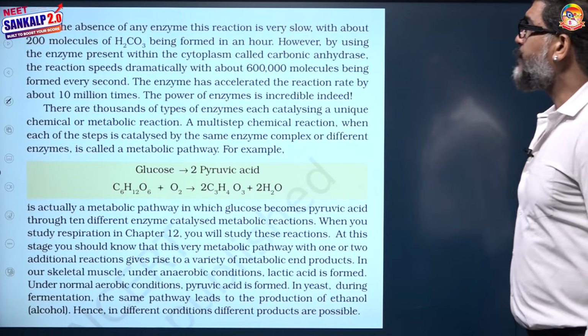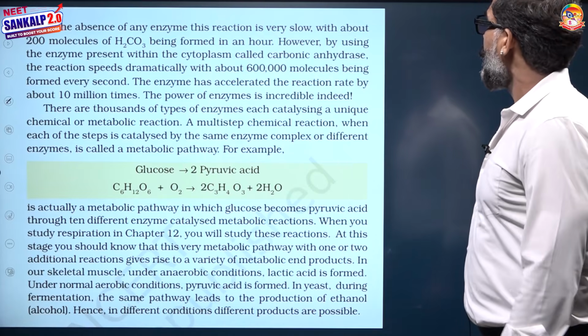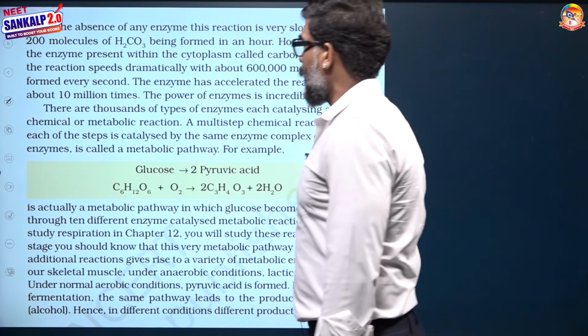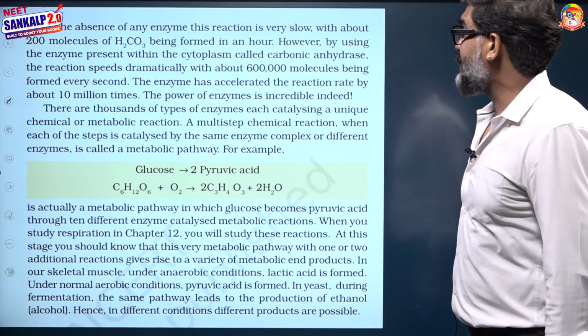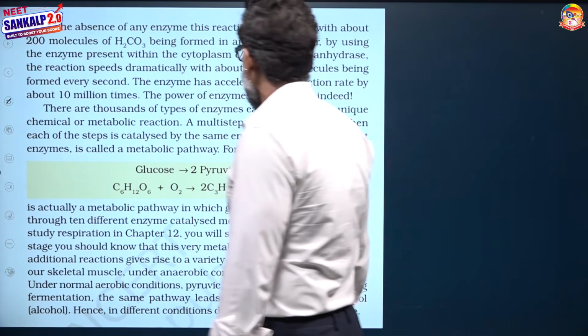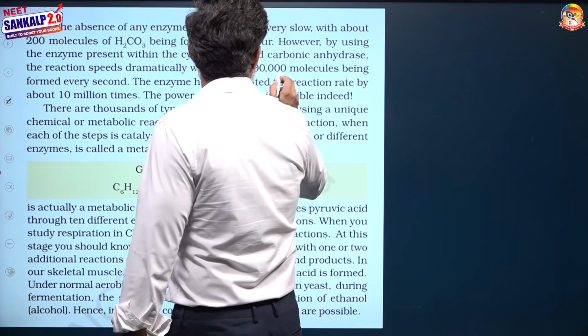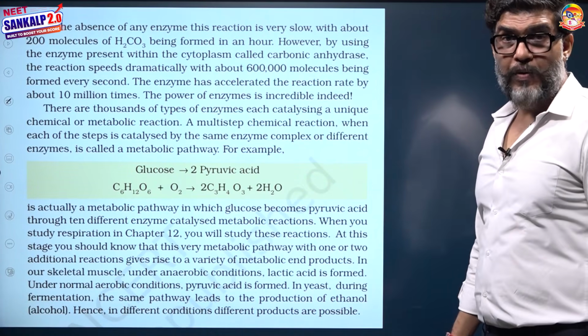In the absence of an enzyme, this reaction is very slow, with about 200 molecules of carbonic acid being formed in an hour. However, by using the enzyme present within the cytoplasm, the rate of reaction is tremendous, and around 60,000 molecules of the product will form every second.